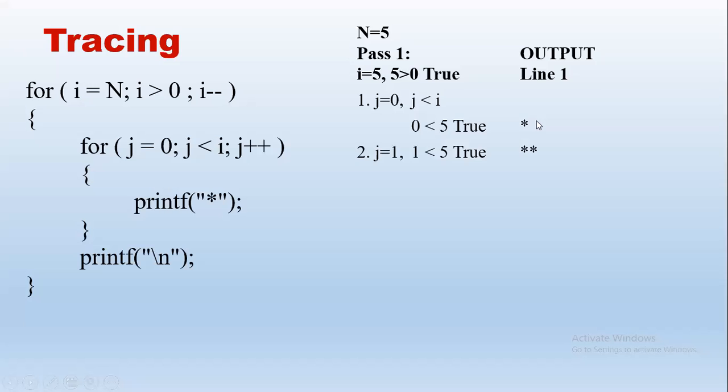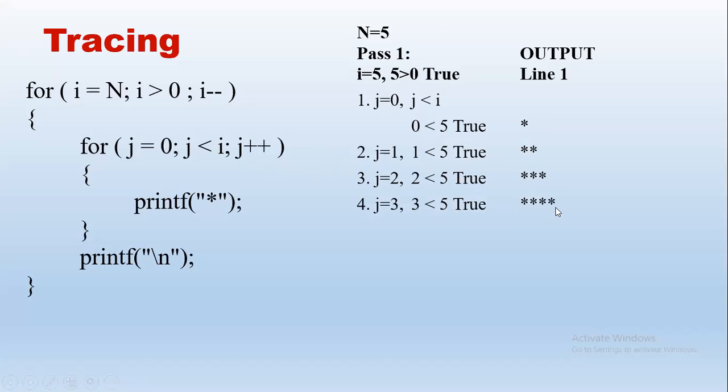Next step, j is incremented. j plus plus. j becomes 1. 1 less than 5, condition is true. Now we got the second star in line 1. So now j is 2. Note that j has started from 0. We print the star a third time in line 1. Then j becomes 3, condition true.